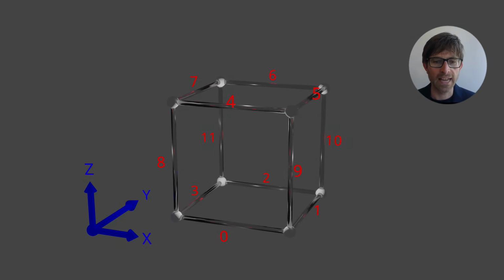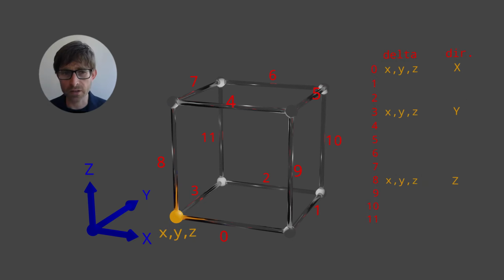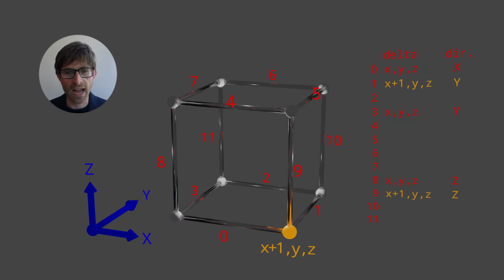The edge IDs are constructed from the x, y, and z coordinates and direction. And these tables allow us to find which edge it is relative to our current x, y, and z position. So for edges 0, 3, and 8, well, they're the ones at x, y, and z in the 3 different x, y, and z directions. Edges 1 and 9 will have their IDs given at x plus 1 now, y and z, with the directions y and z.